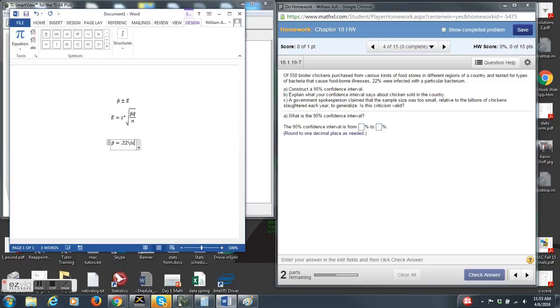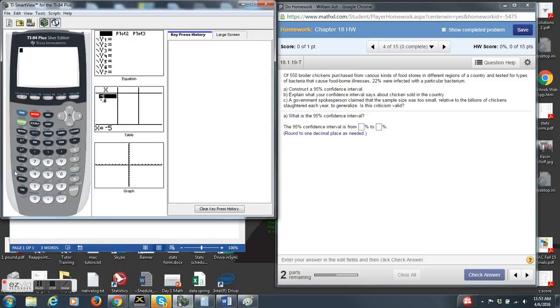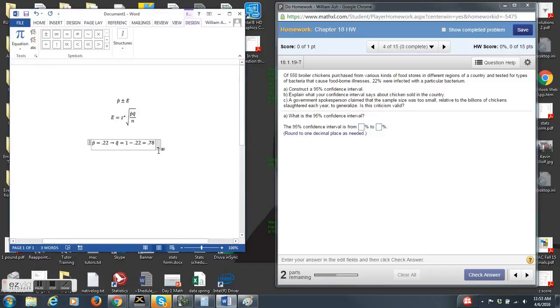But anyway, I guess we'll go through the long way first, which is how to exactly get the confidence interval. So I have a formula: p hat plus or minus E, where E is z star times the square root of p hat q hat over n. Looking at this problem, p hat is the sample proportion.